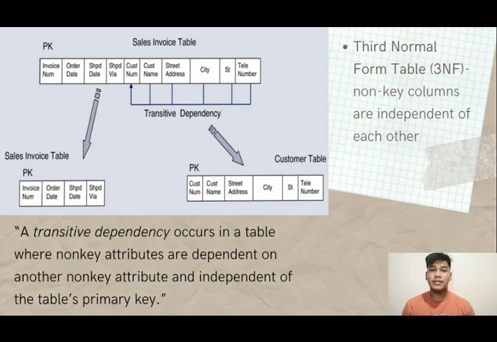So in any case that there is transitive dependency, which occurs in a table where a non-key attribute is dependent on another non-key attribute and independent of the primary key, then it has to be removed.